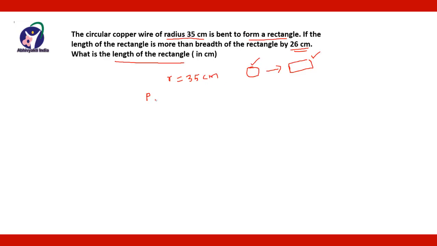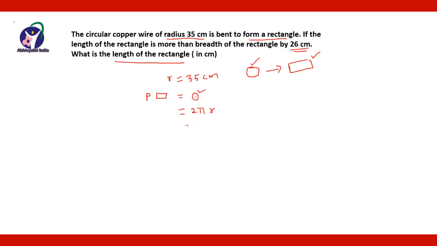So the perimeter of the rectangle will be equal to the circumference of the circle, and the circumference of the circle is given by 2 pi r.